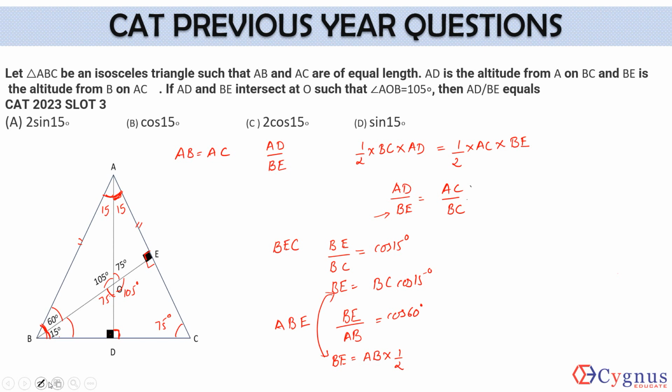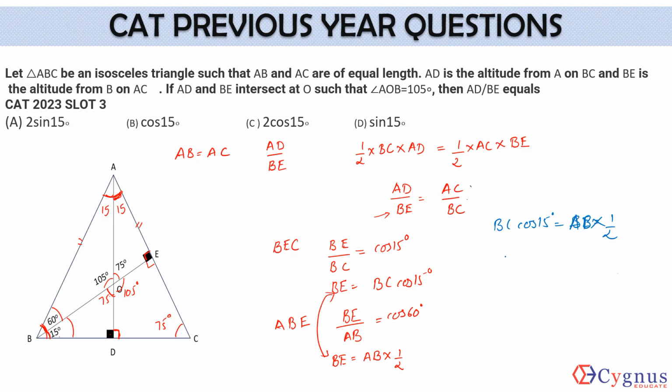Now, these are the two values of BE. Can we equate them? Let's try to equate them. From here, I got BE is equal to BC cos 15. From here, I got BE is equal to AB into half.